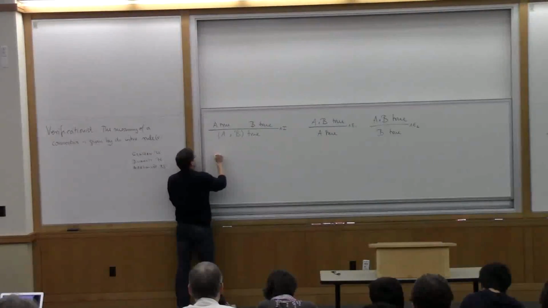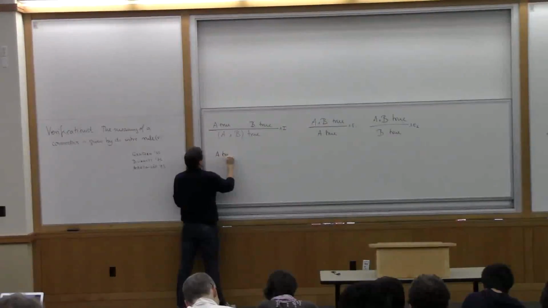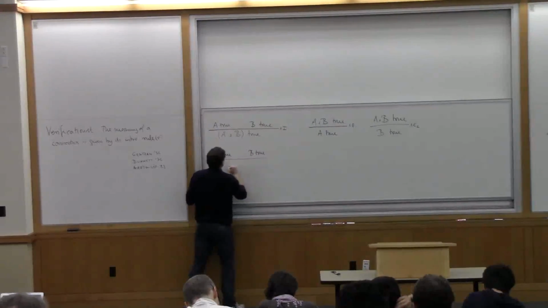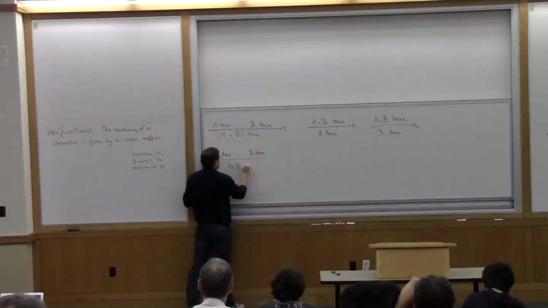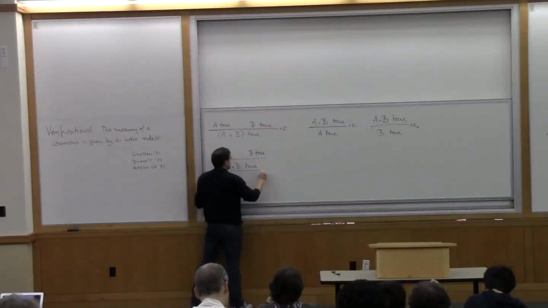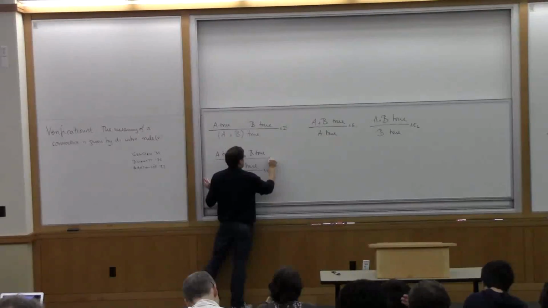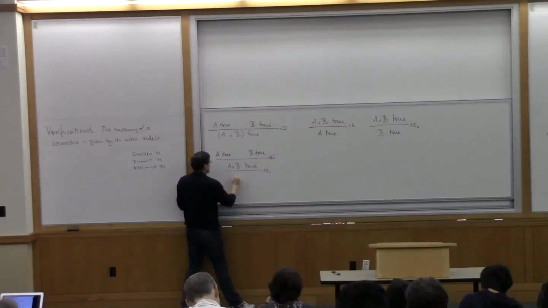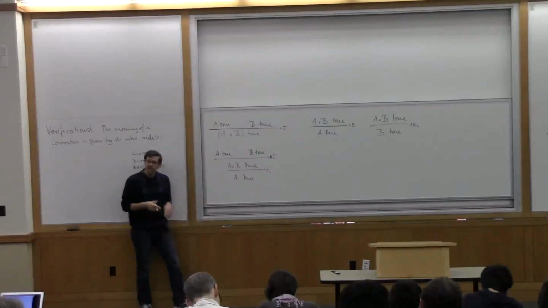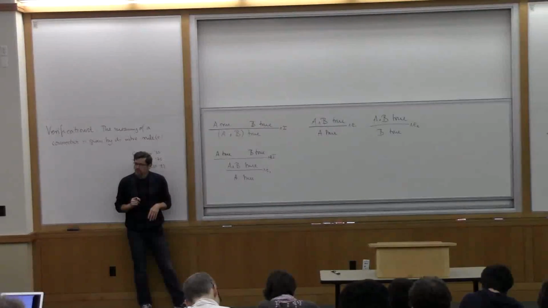But we want to check that if you have a proof of A true, B true, and we conclude A and B true, and we apply to that an elimination, then there's already a justification for the conclusion.